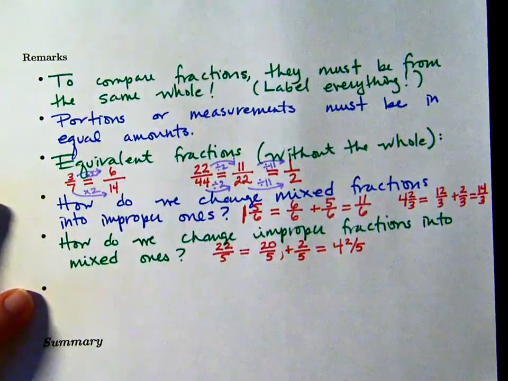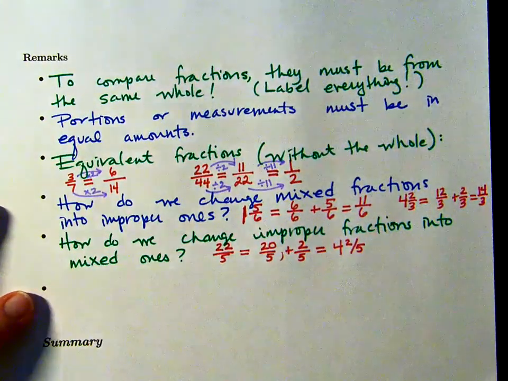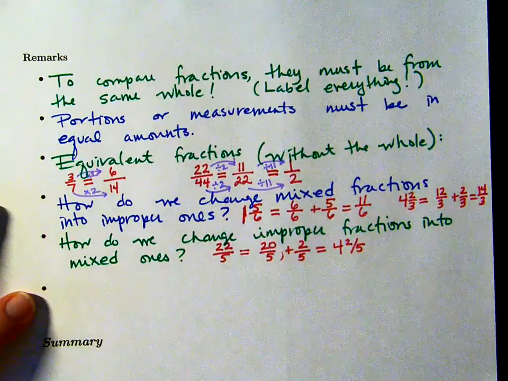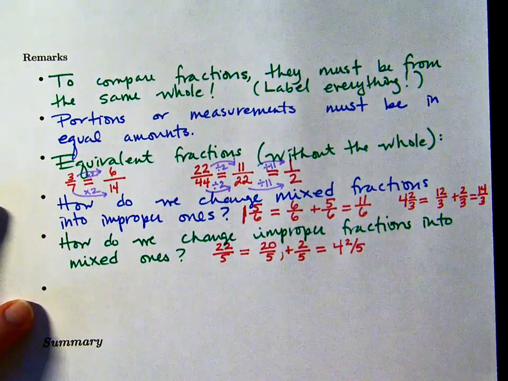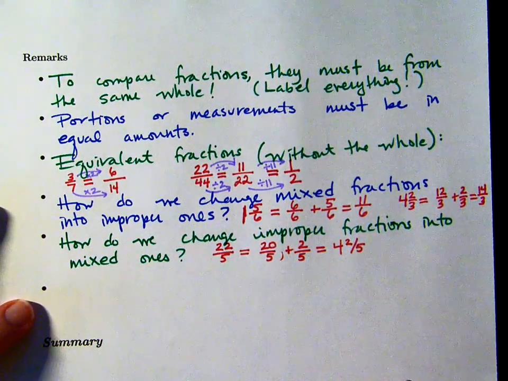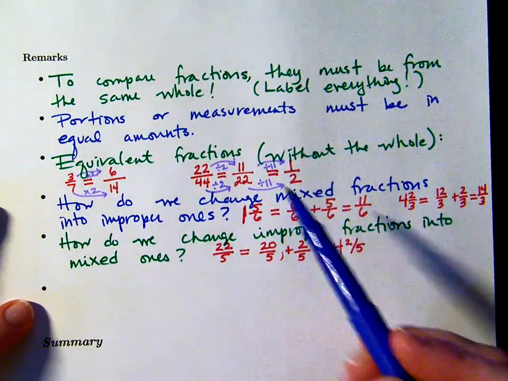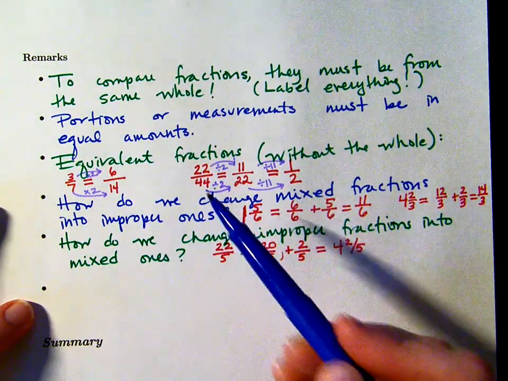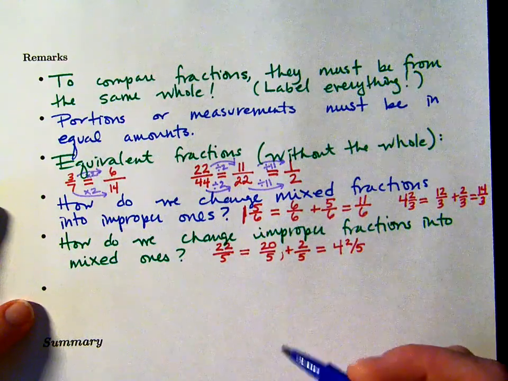So might as well get used to the showing of why and how things work. And then my last remark is that people really prefer simplified fractions, and it's just because they're more relatable. For instance, this half versus that 22/44, like I mentioned earlier.